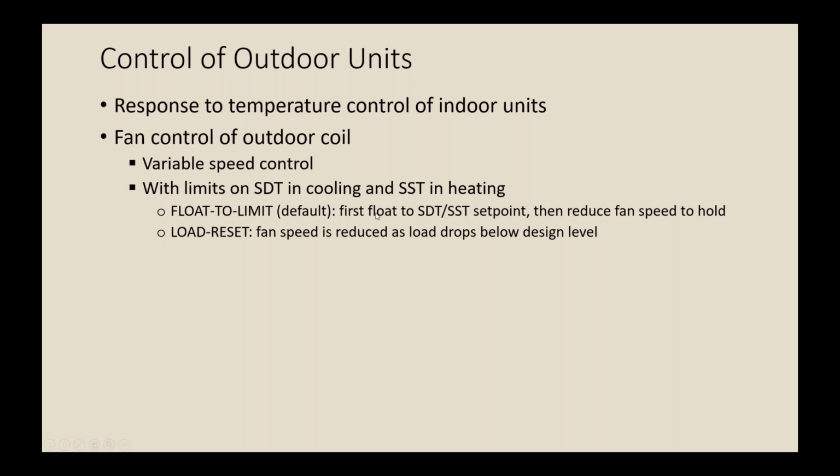But basically, first it will float the refrigerant temperatures to whatever the max and min set point is for discharge temperature and suction temperature, depending on when you're in cooling or heating. And then you would reduce the fan speed once you hit that set point to hold the set point as the outdoor temperature drifts.